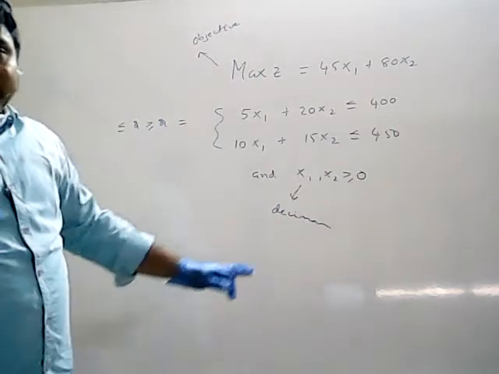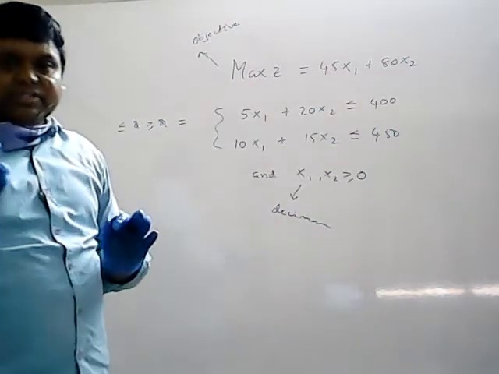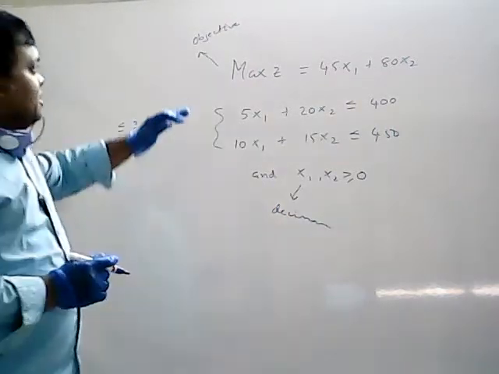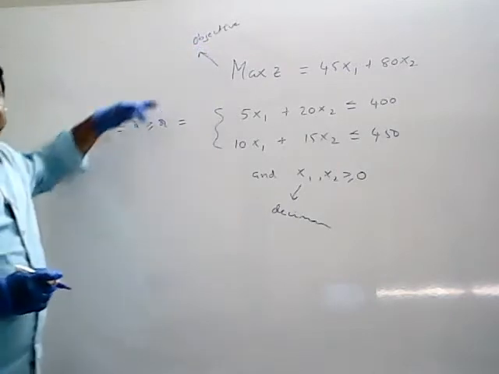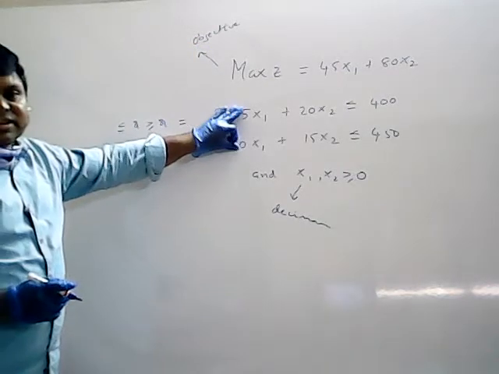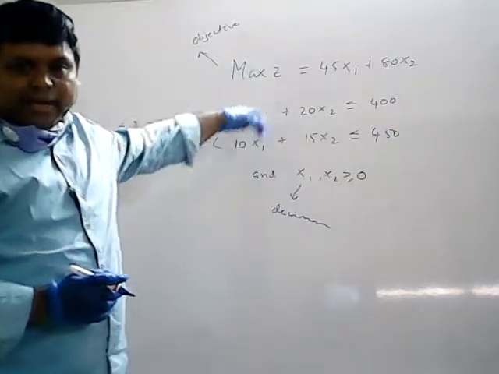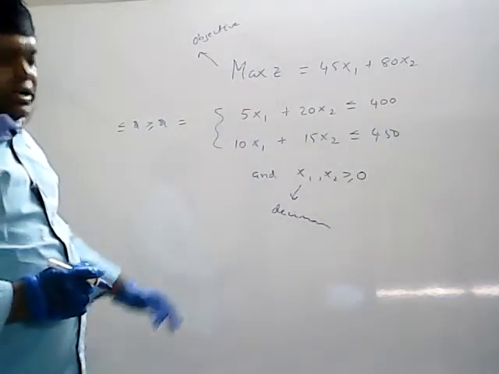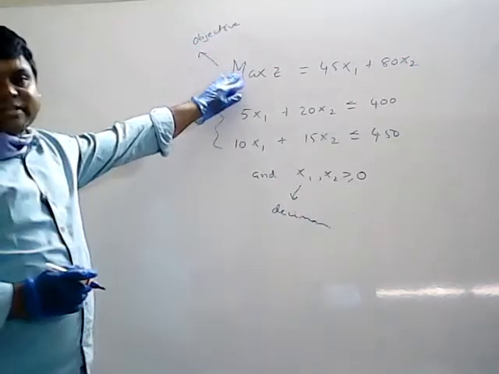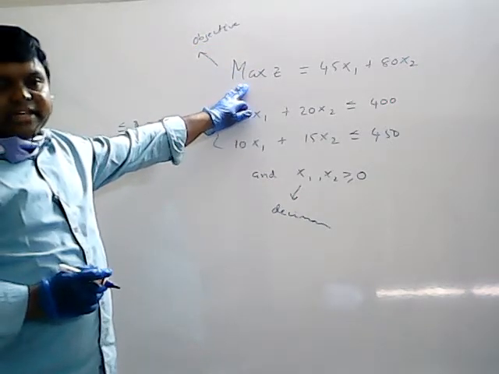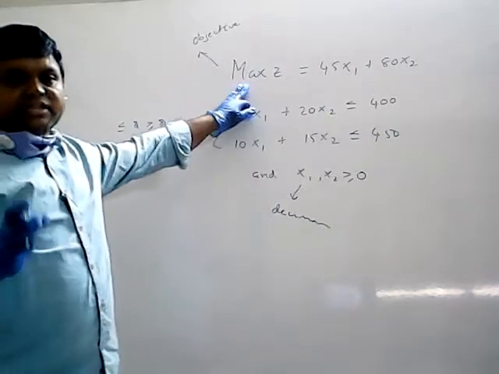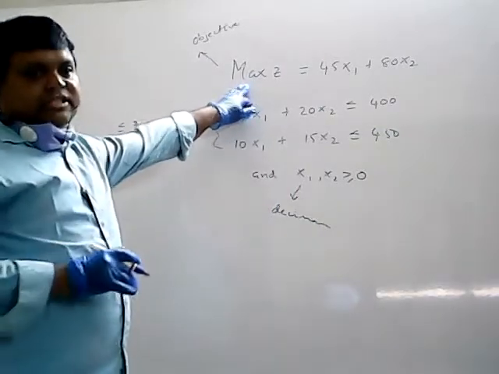So what do you mean by LPP? Let me give a definition of LPP. An objective function, a set of constraints, and non-negative restrictions together are called an LPP. The objective function will be either maximization type or minimization type.